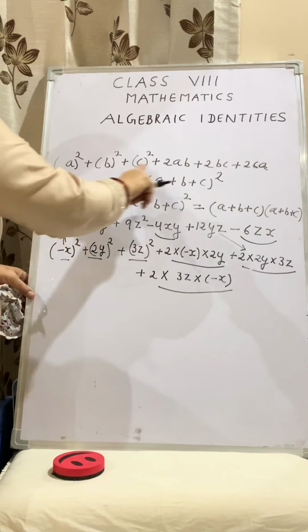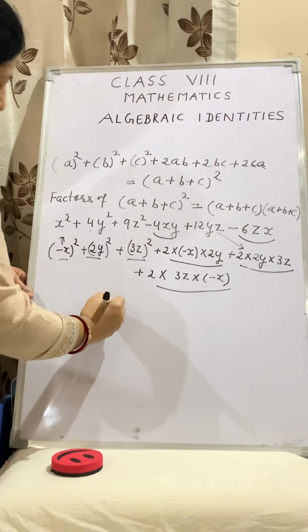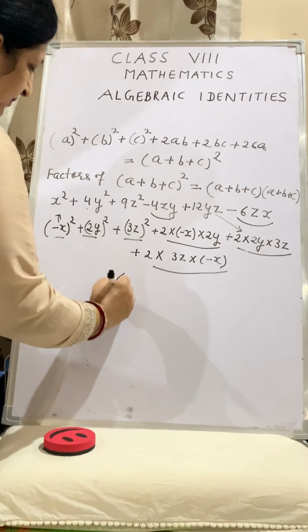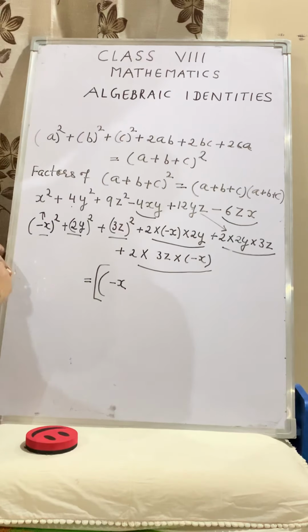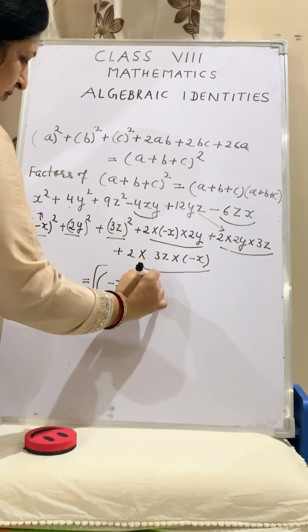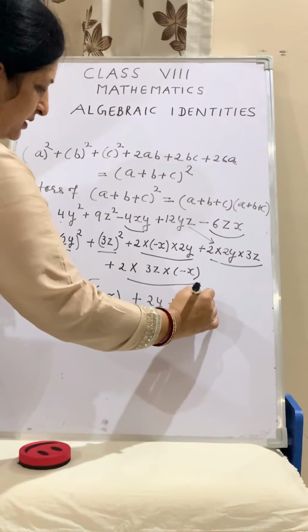Now the 6 terms are equal to this. We will write the right hand side: you can put a big bracket, minus x plus 2y plus 3z whole square.